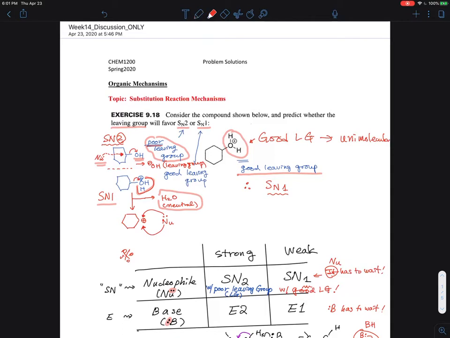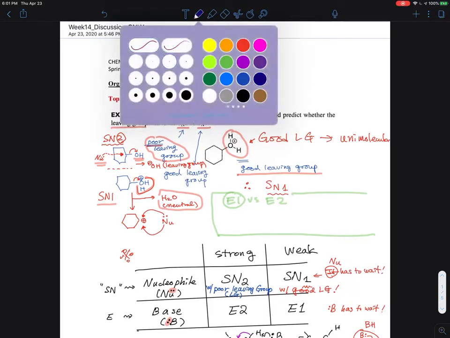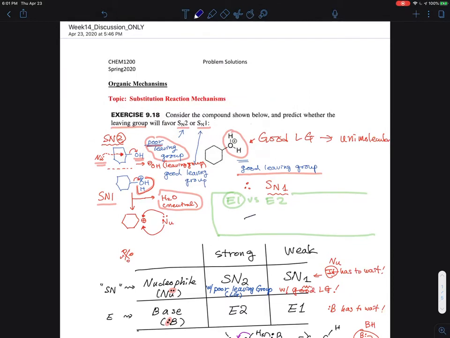As extra, if the question was asking about E1 versus E2, the answer is it will be E1, and the product, if you work on it, will be like this. Once the leaving group leaves, you have a hydrogen.